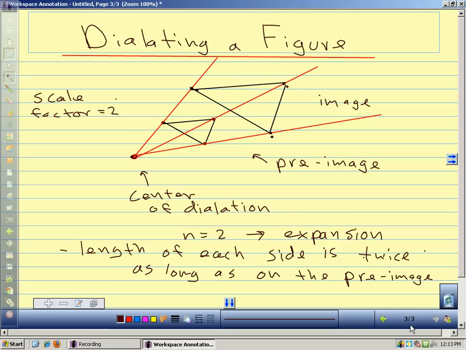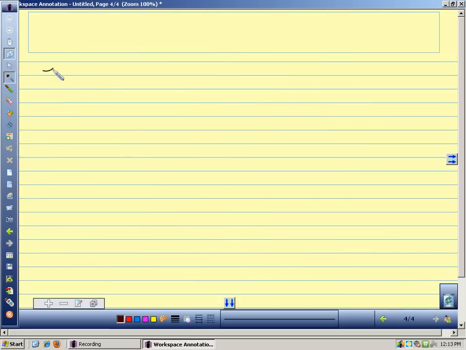All right, let's look at one more example and then we'll be done for today. Let's say we have a dilation here. So I'm going to start with a segment. And here is my center of dilation. Let's draw this dilation and go like so.